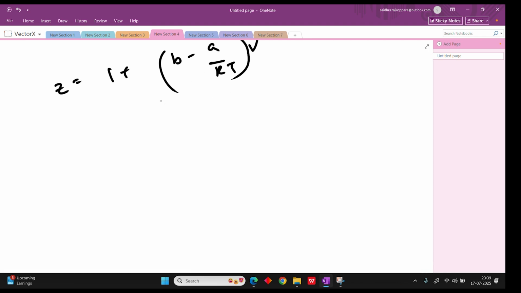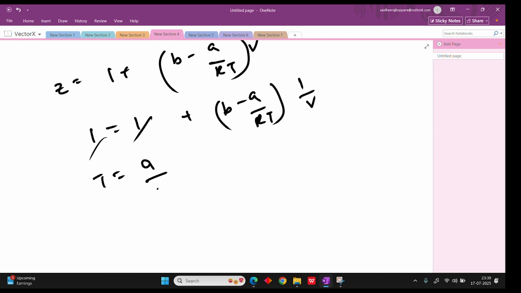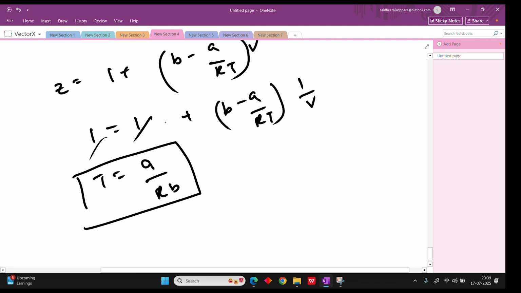So what happens is, if you put your Z value as 1, then you get 1 equals 1 plus (b minus a by RT) into, it's like 1 by V, sorry. Okay. Then what are you getting? T equals a by Rb.